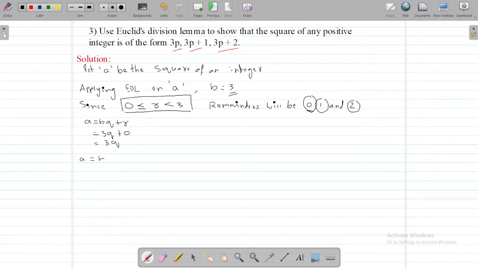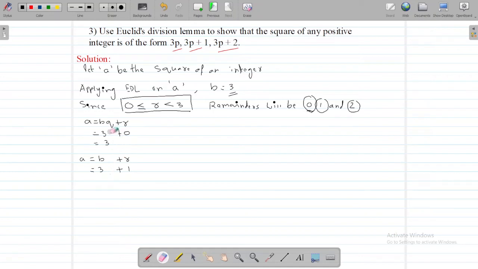Similarly for the second one, a is equal to 3q plus 1. Now I'll take the quotient as p instead of q so that we will not have any confusion.